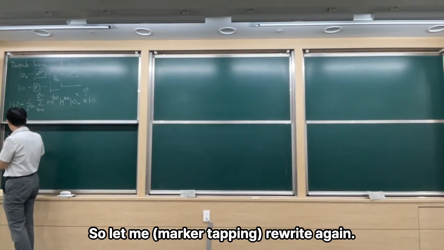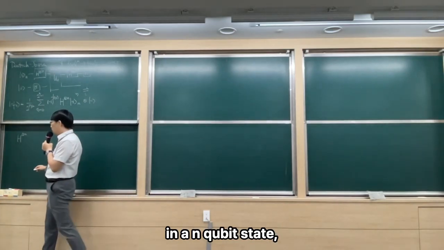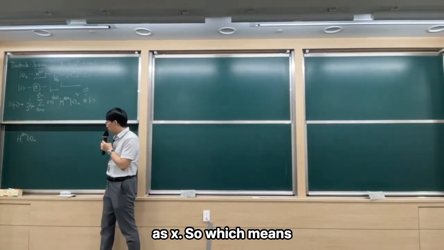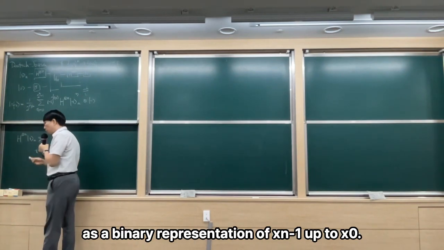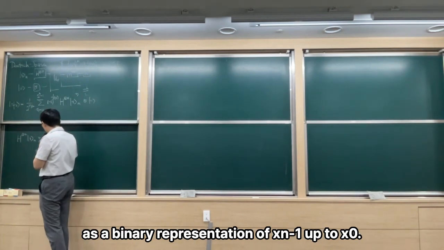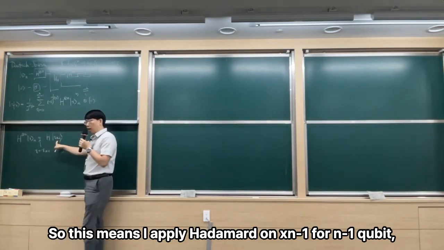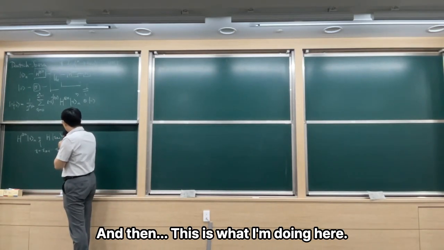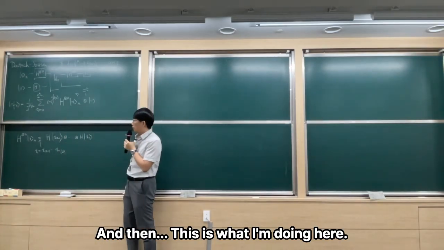So let me rewrite it again. When you apply Hadamard gates on an n-qubit state with quantum state x, which means that we have x represented in binary as x_{n-1} up to x_0, this means I apply Hadamard on x_{n-1} for the qubit indexed n minus 1, and this is what I'm doing here.